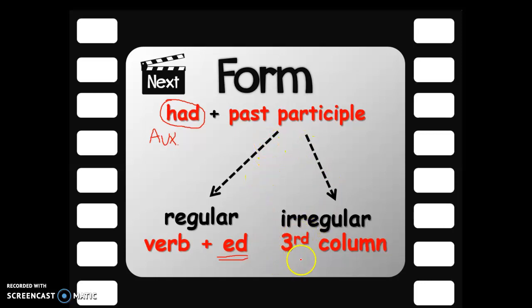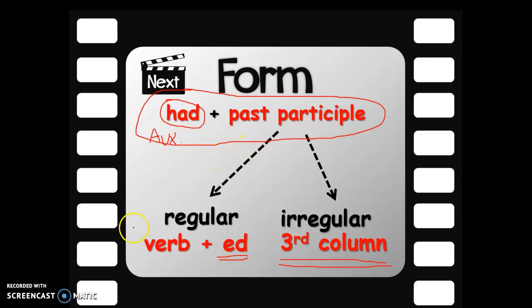In the irregular verbs, usually it is the third column of our list of verbs. So, to express something in past perfect, we need these two elements. One more time, the verb had as an auxiliary plus the past participle of the verb.